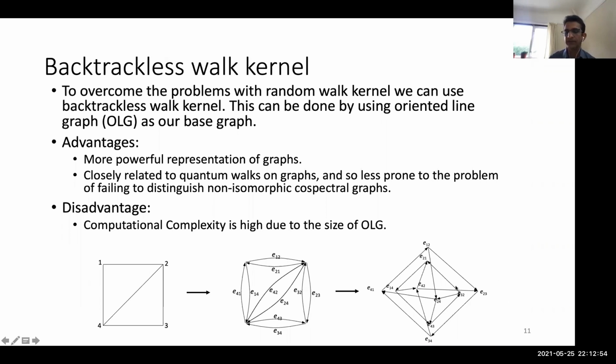So if we implement the random walk kernel on an oriented line graph, this will correspond to a backtrackless walk kernel on the original graph. But the problem is that if we have a dense graph, we'll probably have many edges, so the size of the oriented line graph will be very large. So it might not be practical to compute this kernel on this type of graph.